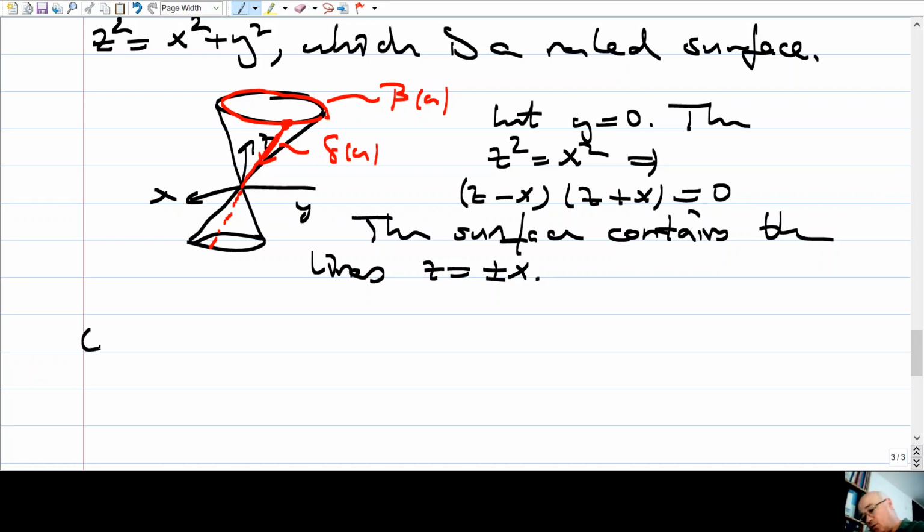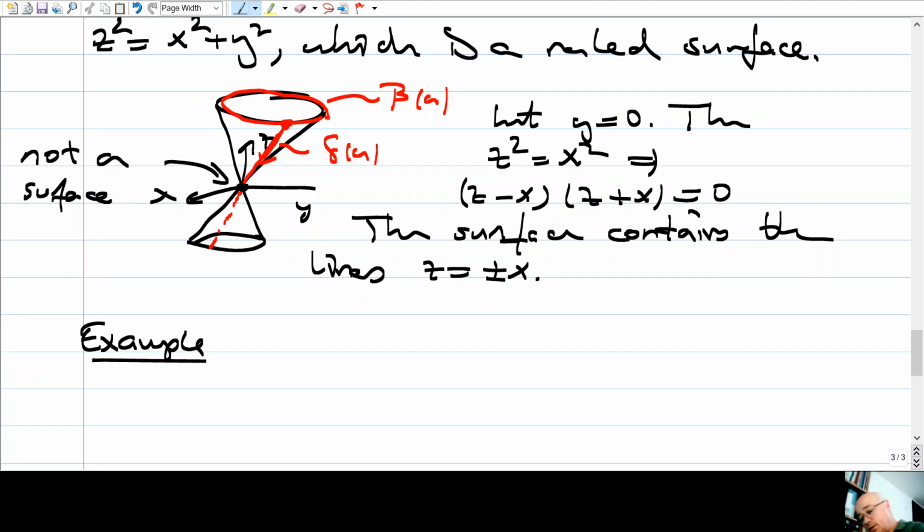A similar computation can be done also for this surface. This one is not a regular surface because at this point the surface is not regular. There is no smooth parameterization at this point, so this is not a surface.